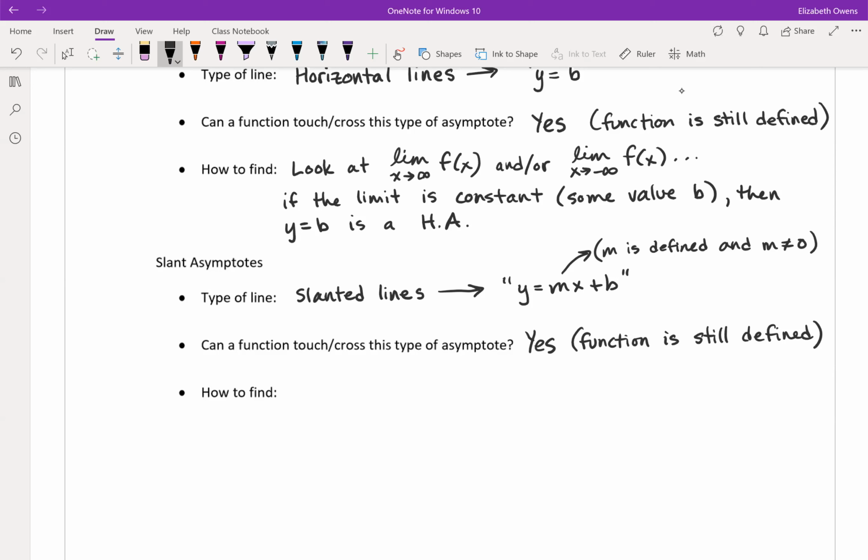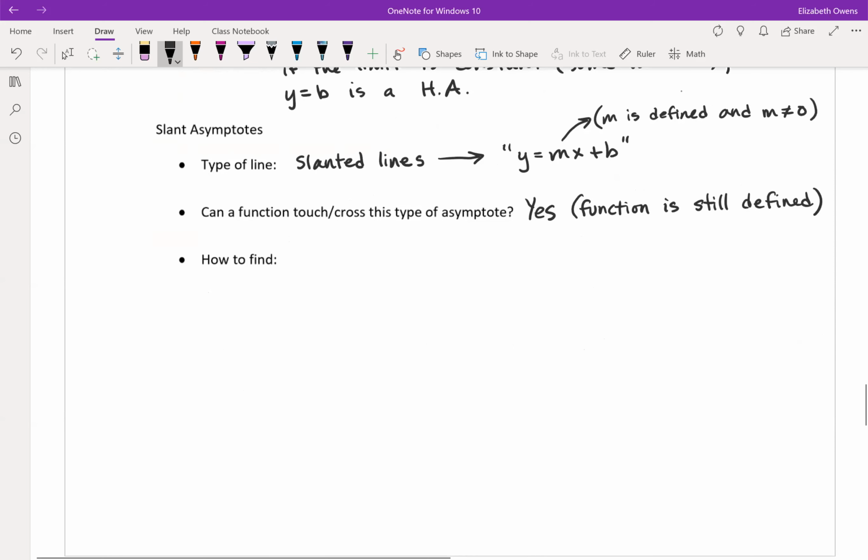Now, how to find this type? This is, just to draw you a quick example of a slant asymptote, it would be some line y equals mx plus b. I'll just draw in this very generic dashed line here. And your function would approach that line as x approaches positive or negative infinity.